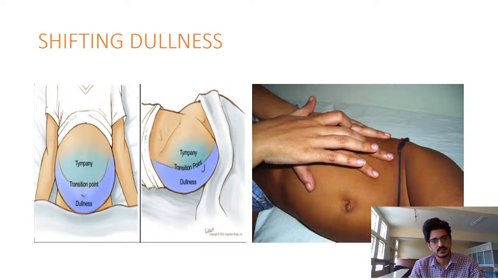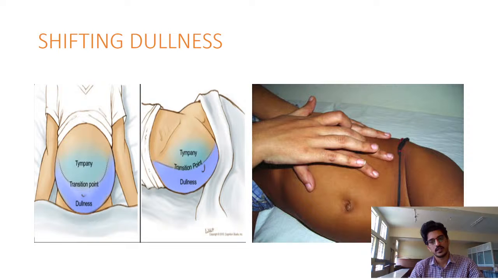So shifting dullness. I think you can understand by seeing the shifting dullness. Basically, you will percuss over the abdomen, and at the transition point where the dullness is coming, you will go to the lateral side percussing, and you ask the child to be in the right lateral decubitus or left lateral decubitus for 2 to 5 minutes and percuss again.